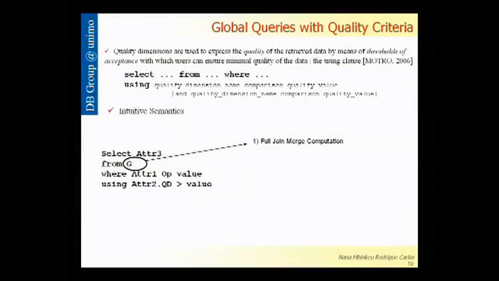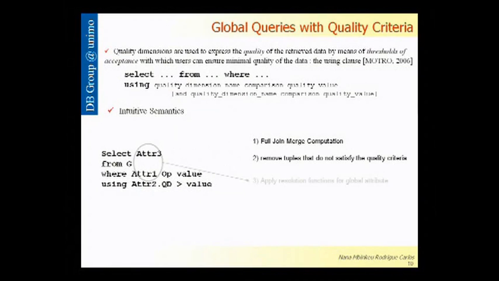We have the global view, which we obtain by the Full-Join image computation. Then we have to apply a resolution function for the global attributes, which in general are the attributes where the user can see the data. And finally, we have the global constraint.